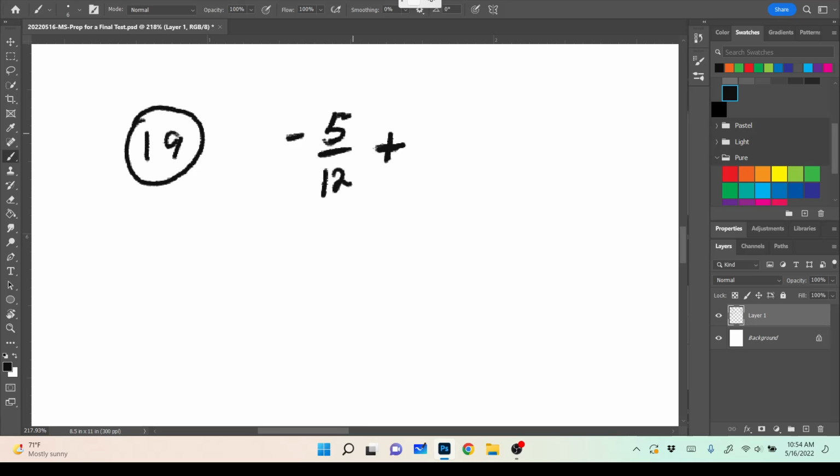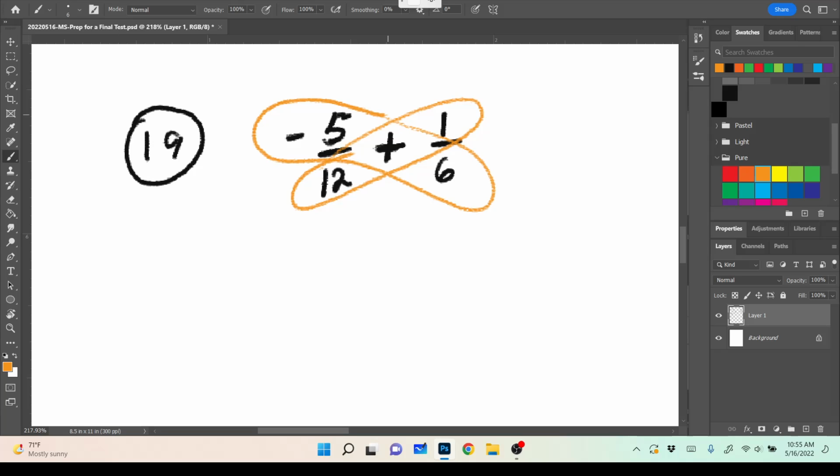Plus 1/6. Okay, flippity floppity method sounds great. One times 12 is 12.